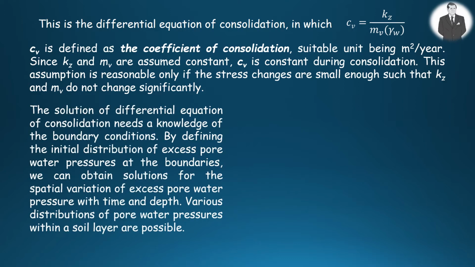The solution of the differential equation of consolidation requires a knowledge of the boundary conditions. By defining the initial distribution of excess pore water pressures and the boundaries, we can then obtain solutions for the spatial variation of excess pore water pressure with depth and time. Different distributions of pore water pressures within a soil layer are likely.